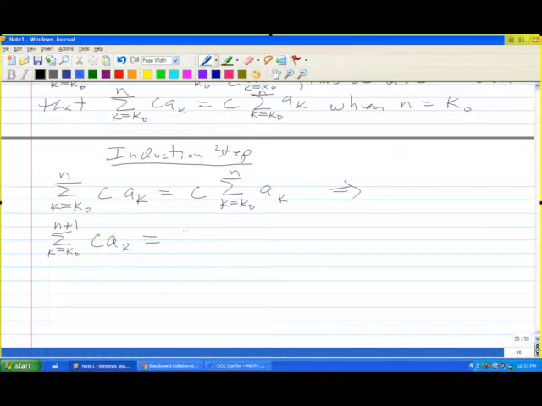And so for the first n, let's add these up. For the last one, well, the last one is c a sub n plus 1. Okay, and so this is equal to, I can factor out the c in front of the summation.